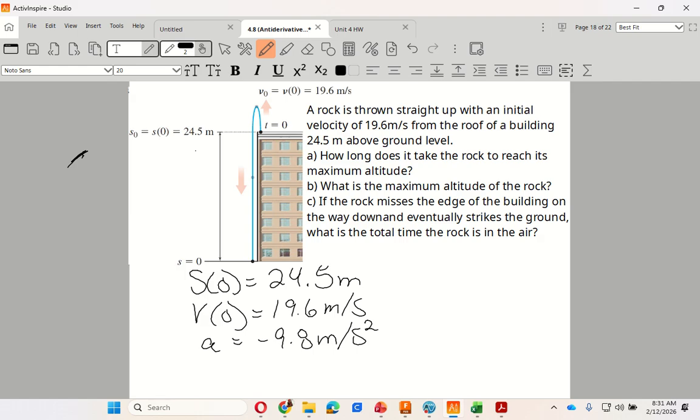So this is just like the problem that we did yesterday with the second order derivative.